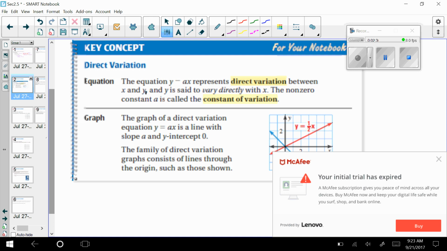The equation y equals ax represents direct variation, and y is said to vary directly with x. So it's proportionately. So every time x increases, y increases by a proportional amount, and that proportion is a.